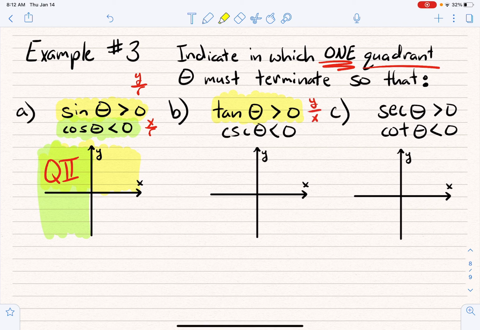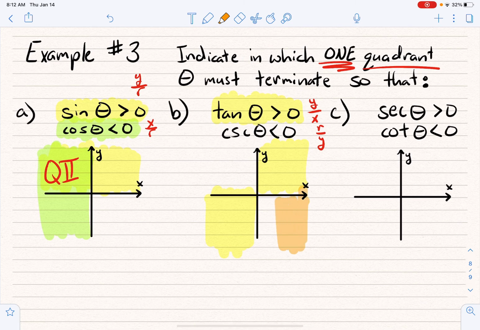So when you have the same signs, you're going to get positive. So that's positive here and positive here. But then cosecant theta, that's r over y, and we want that to be negative. Well, that's negative when y is negative. So that's everything right here. And clearly the overlap is right there. Quadrant 3.